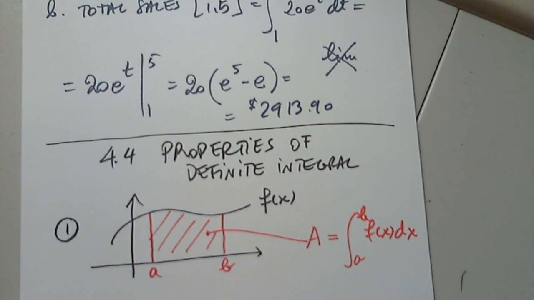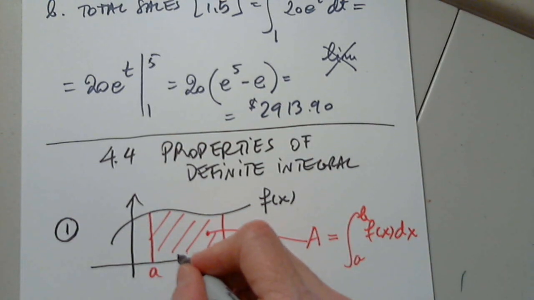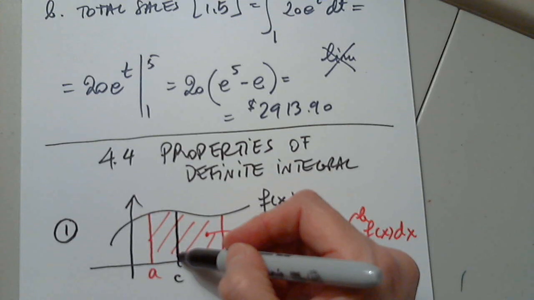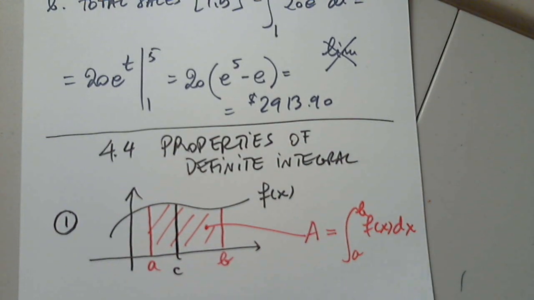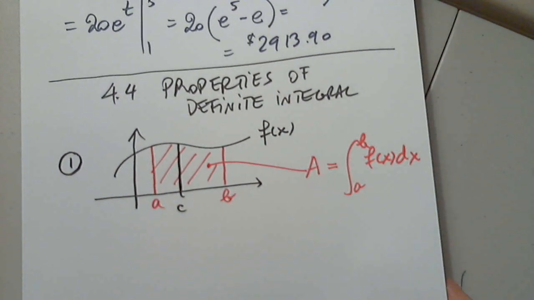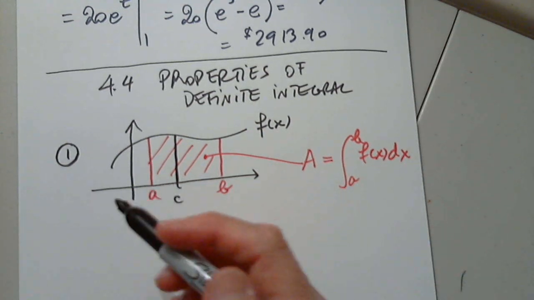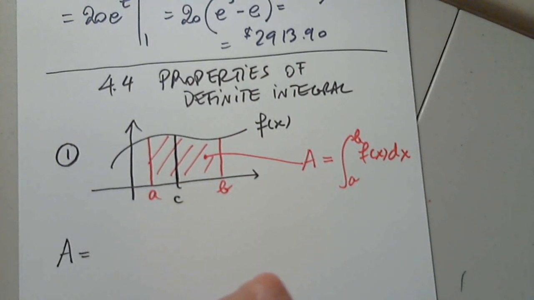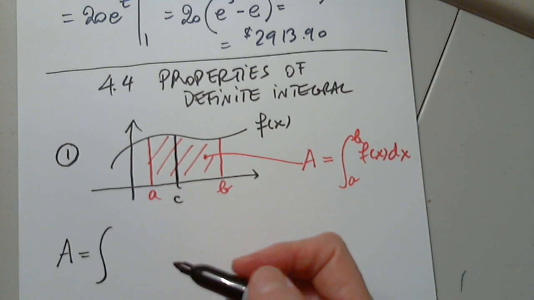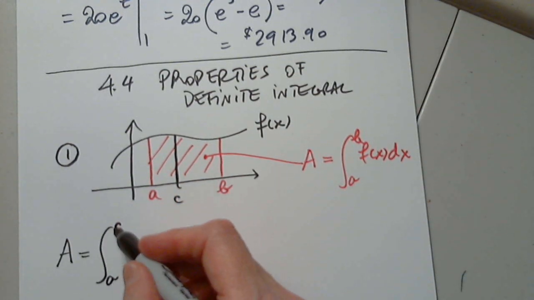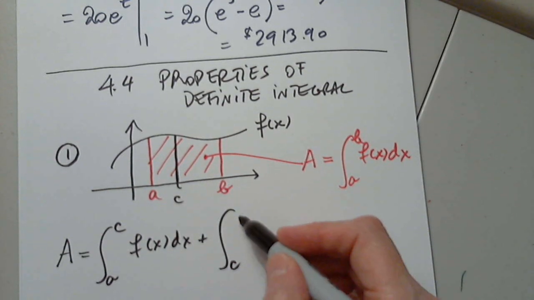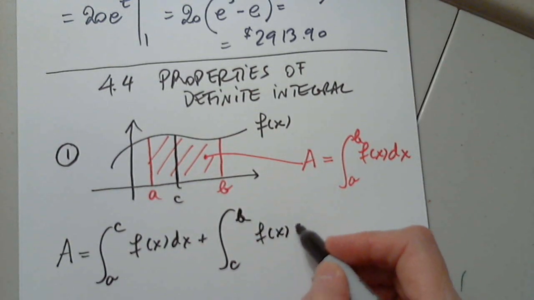Now imagine that I have a point here, C. So here is one property. Can I express this area as the definite integral from a to c from f of x dx plus the integral from c to b from f of x dx?